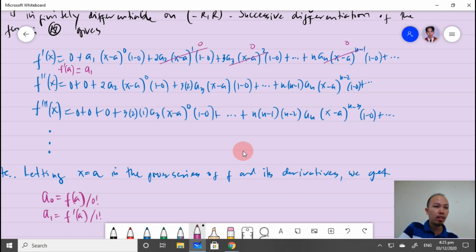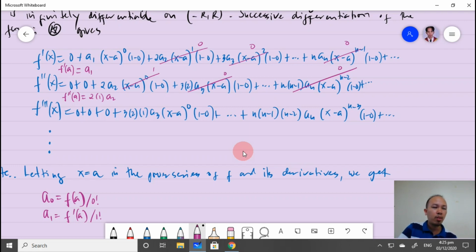Let's try getting the second derivative evaluated at x equal to a. What will happen here is we have 2 times 1 times a sub 2. This will become 1, but the rest is 0, since 0 times that 1 is 0.